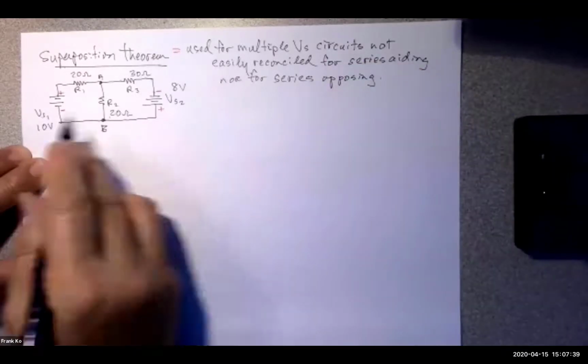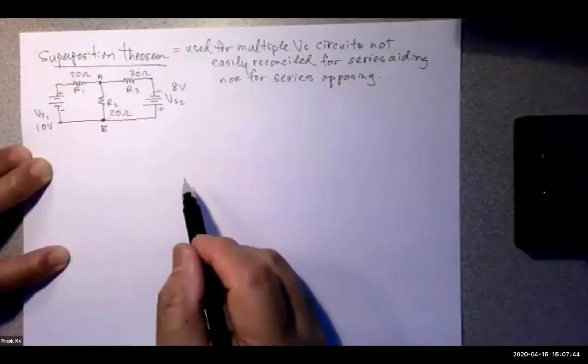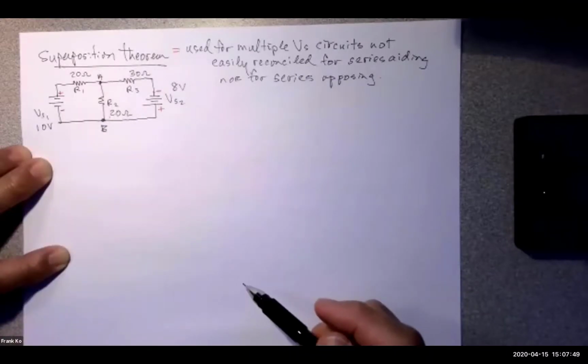If you look at this voltage source and this voltage source, they're not in series. They're not in the same current path. They're separated by node B, they're separated by node A, and there's resistors between them.